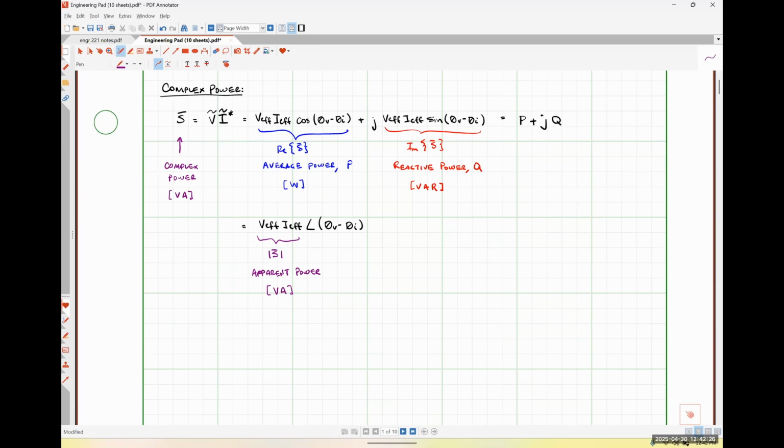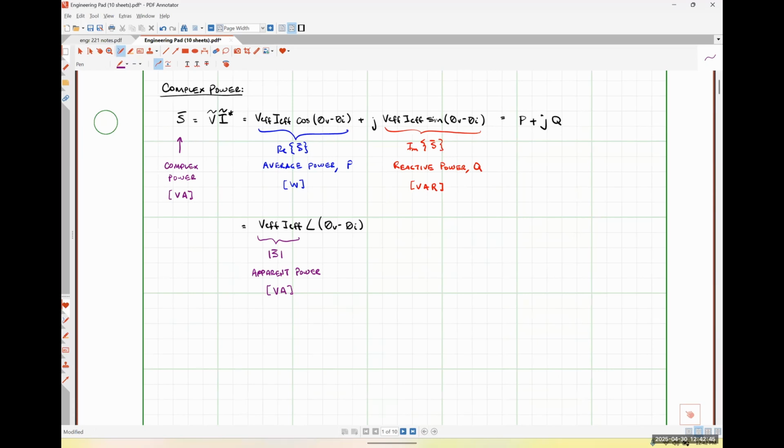So in a sense, the apparent power kind of represents a worst case scenario because it's simply the product of the magnitude of the voltage times the magnitude of the current without taking into account any phase differences that may occur, which would lower that overall quantity.